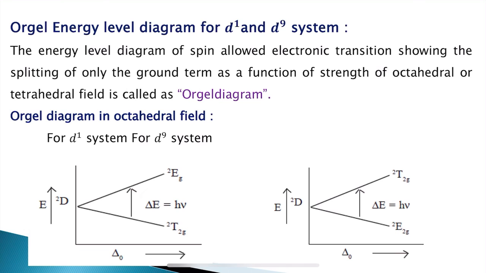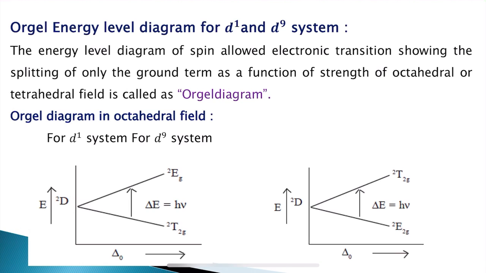Here, if you concentrate and observe, the term symbols for ground and excited states are reversed. Okay. So, here you see, this is the ground state. In d-d transitions of transition metal complexes, they will have only one energy term, that is 2D.